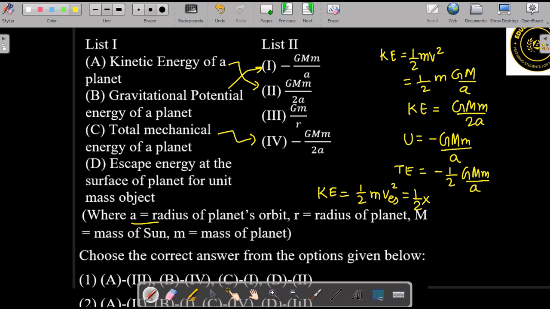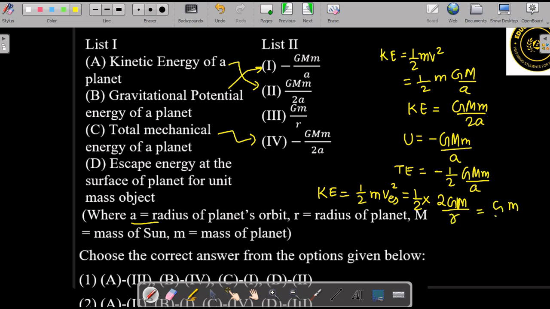That is root under 2GM, where M is the planet mass, by the radius of the planet. Planet radius is r here.